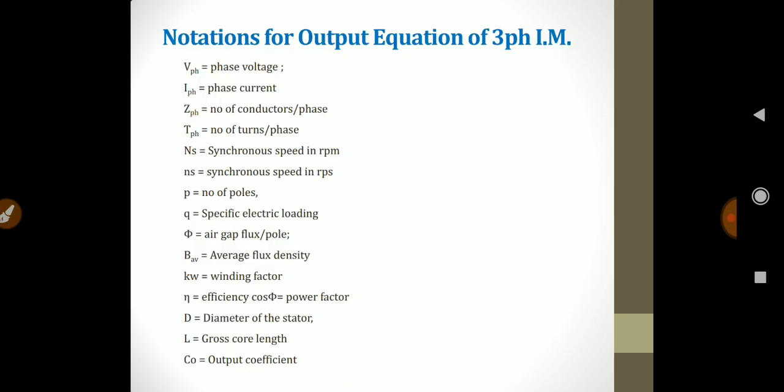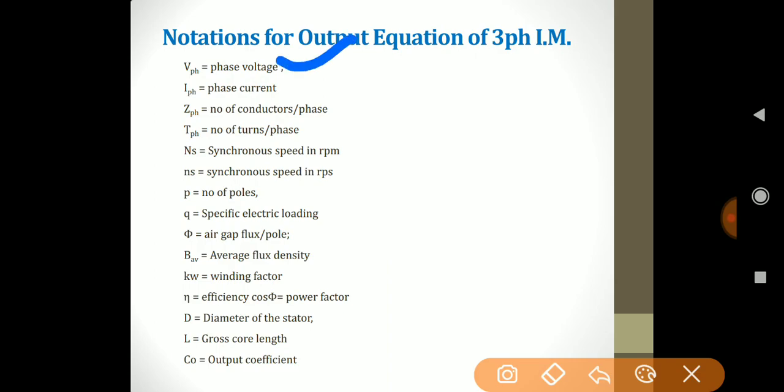Moving further, now we are trying to derive the output equation of a three-phase induction motor. While deriving the output equation, there are some notations that we have considered. VPH is considered as phase voltage, IPH is phase current, ZPH is number of conductors per phase, TPH is number of turns per phase, NS is synchronous speed in RPM, small ns represents the synchronous speed in RPS.